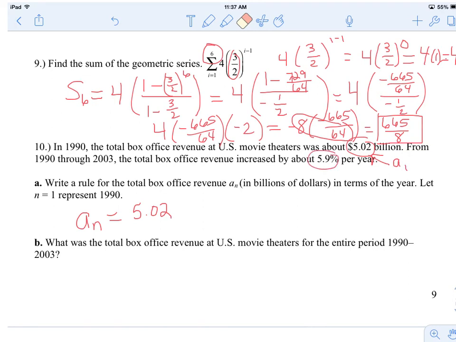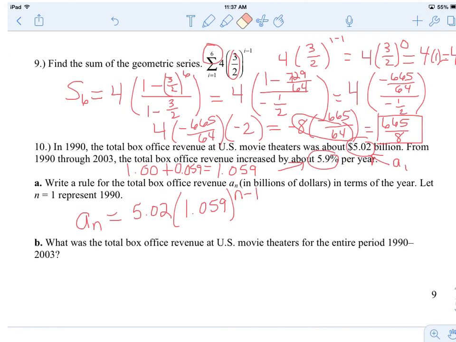This is going to help us get our common ratio. If we want to increase by 5.9%, that means our multiplier should be 1.059, because you want to keep 100%, which as a decimal is 1.00, and add on 5.9%, which as a decimal is 0.059, so that gets you your multiplier 1.059, to the n minus first power.